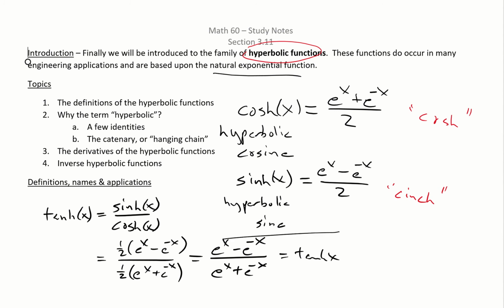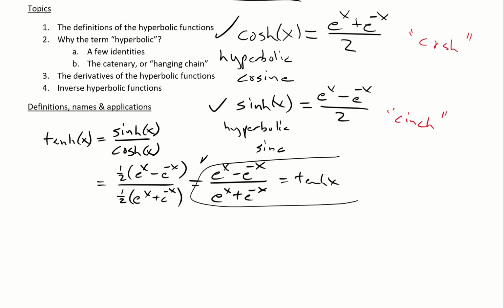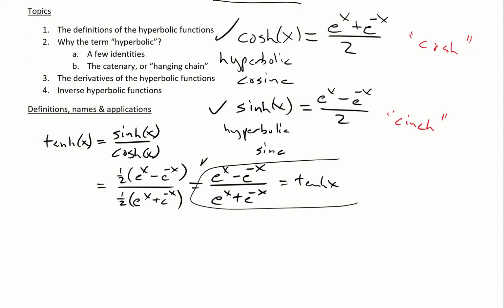Why study these guys? Good question. I was telling folks in the class earlier today that, for example, the so-called catenary, which I think gets translated as a hanging chain.